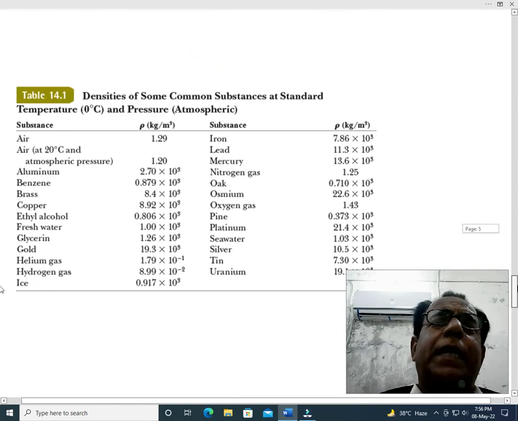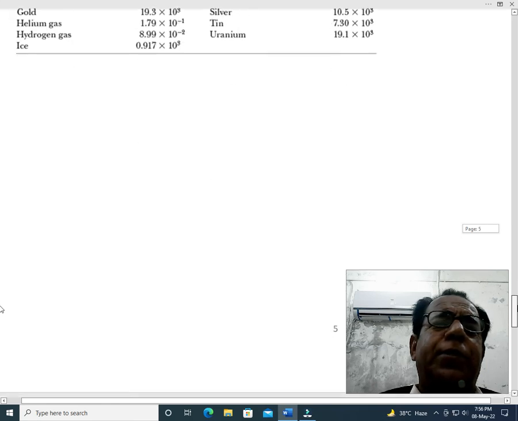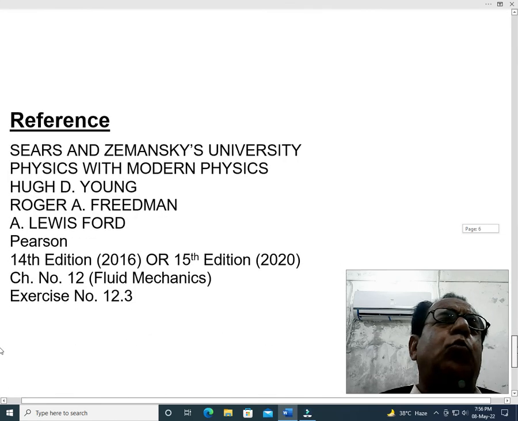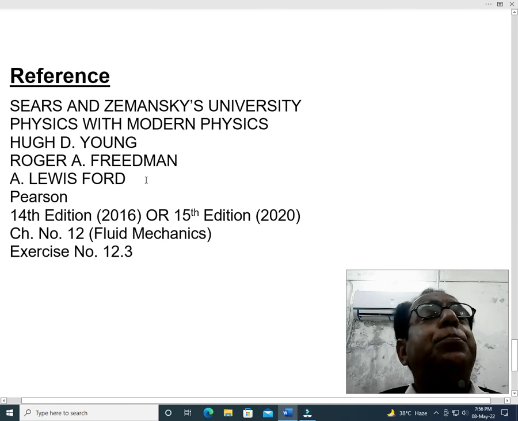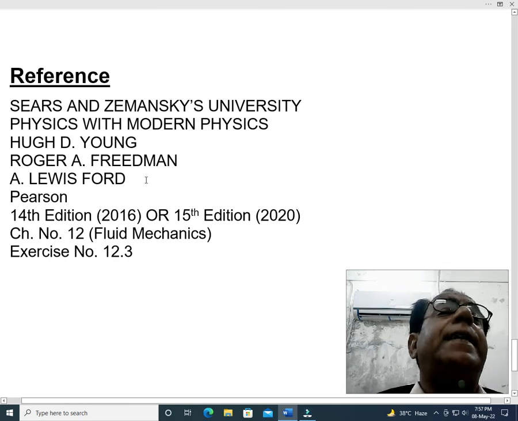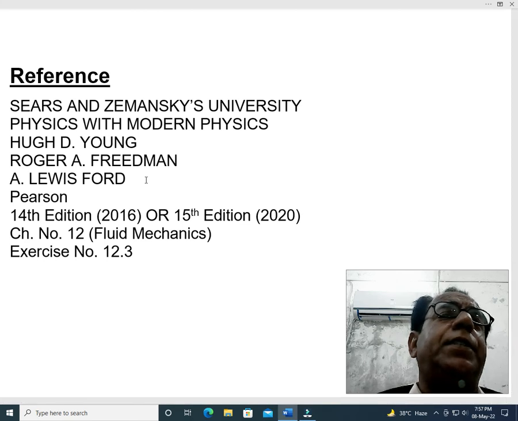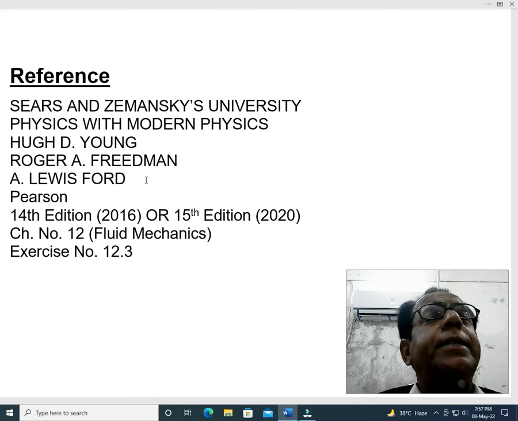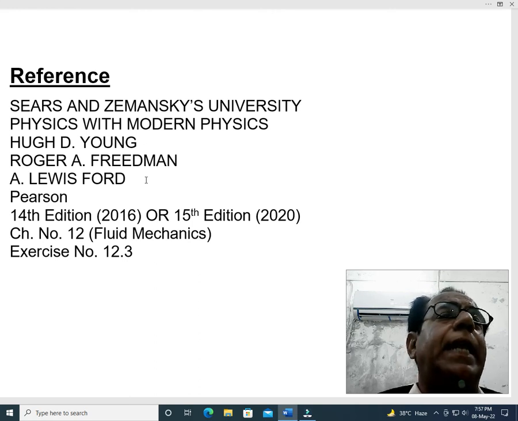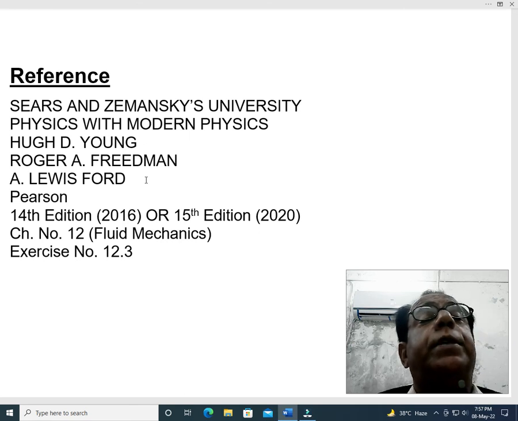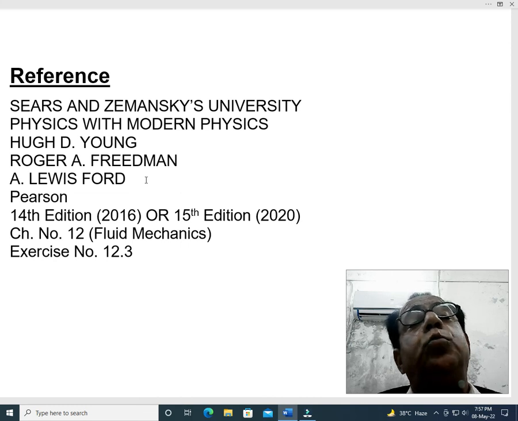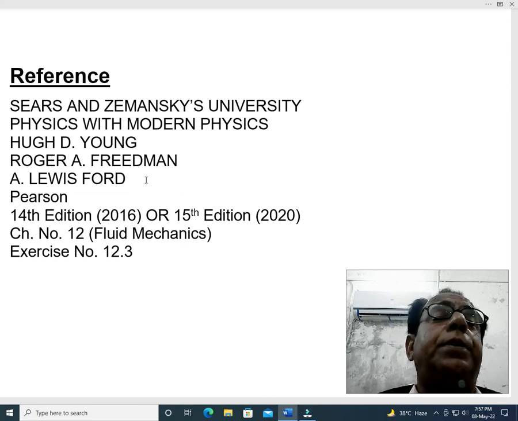Now this table we have shown. There is no need to discuss this. Now we come towards the reference. Reference book is Sears and Zemansky's University Physics with Modern Physics. Its authors are three authors: Hugh D. Young, Roger A. Freedman, A. Lewis Ford. Its publisher is Pearson, and its 14th edition having been published in 2016, or 15th edition having been published in 2020 has been adopted or followed.